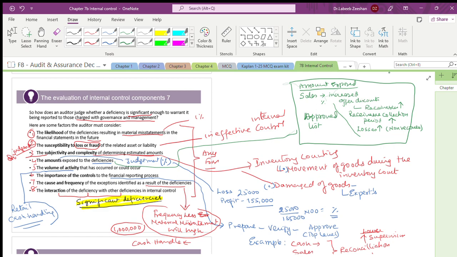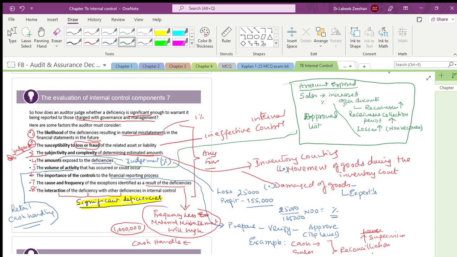That is the internal control. But what happens if you are giving the discounts to those who are not in the approved list? Definitely there will be repercussions. Then the amount of bad debts will increase.